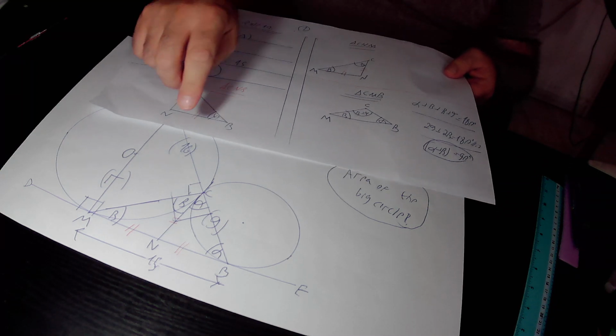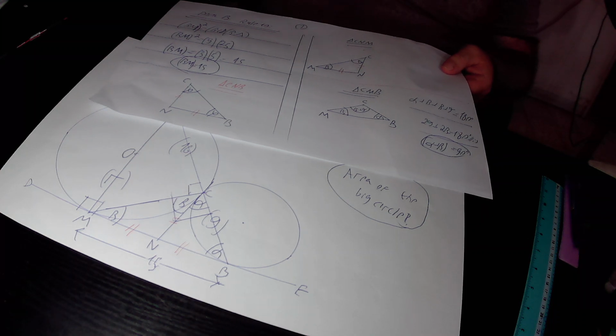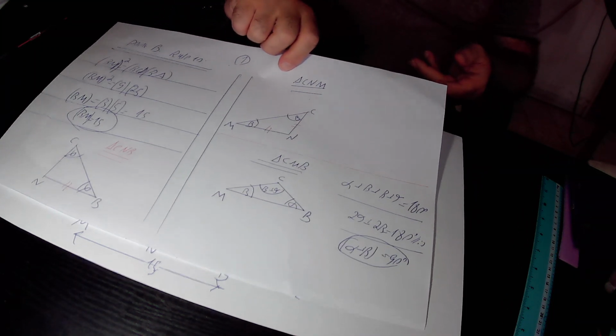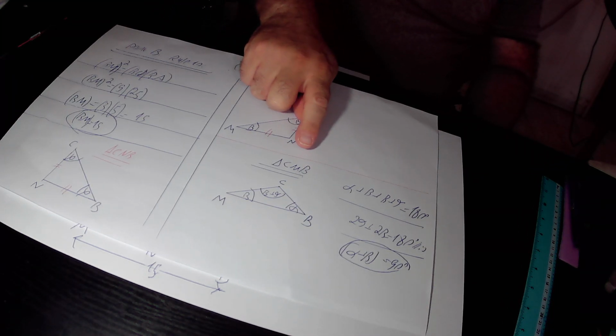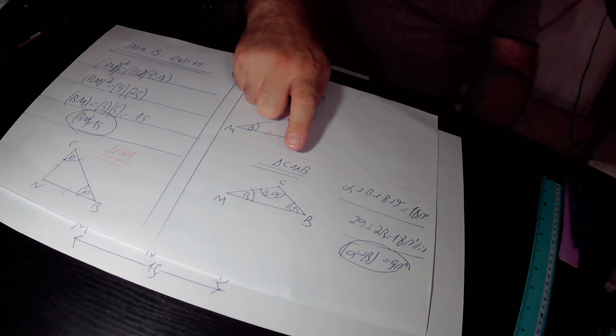In the next step, I copied the big triangle MCB in a new page, and we analyze the big triangle MCB. This is the triangle MCB that I copied from the original drawing. According to the rule that the sum of the angles in any triangle is equal to 180 degrees, the sum of the angles in this triangle CMB must be equal to 180 degrees.